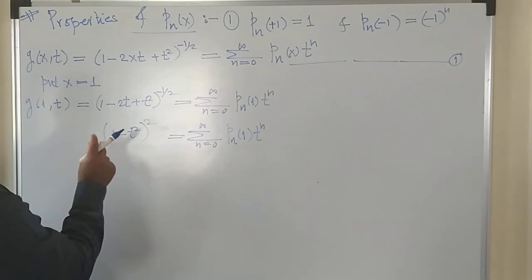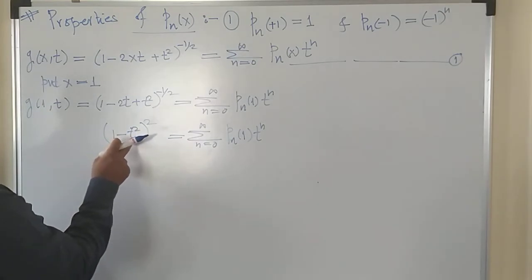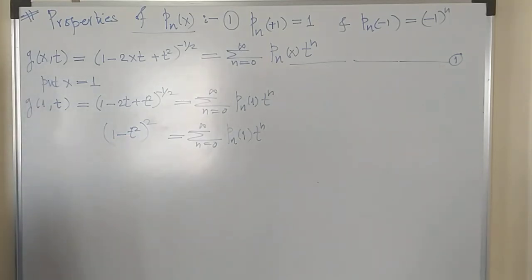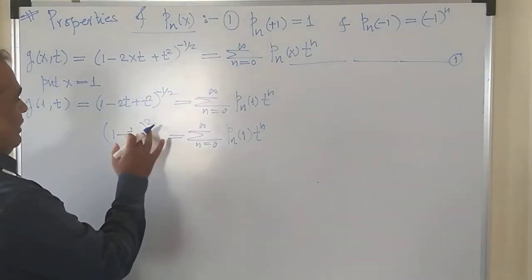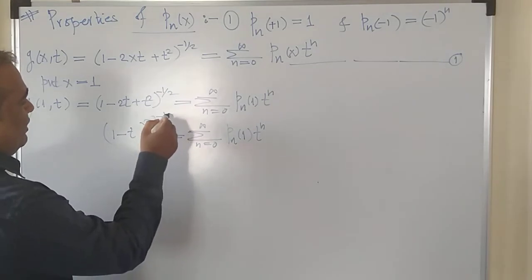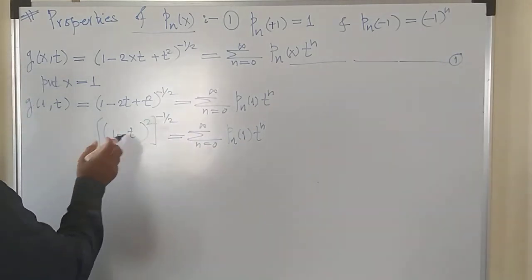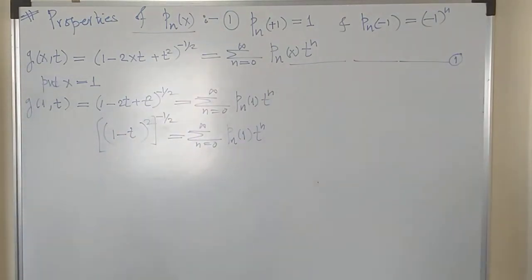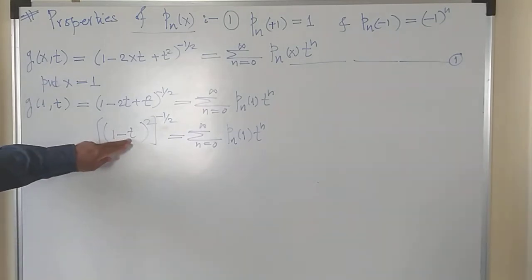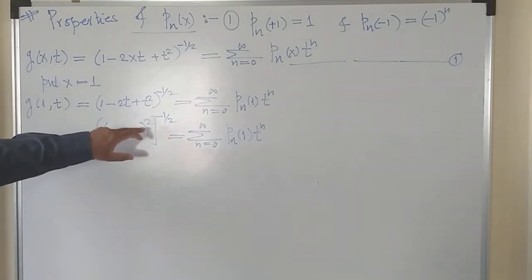If you square this, you will get 1 square plus t square minus 2 times 1 into t. So (1 minus t) whole square raised to power minus half is (1 square plus t square minus 2t) raised to power minus half.